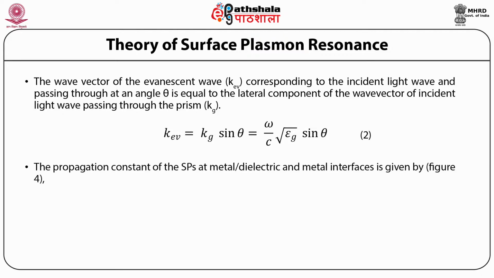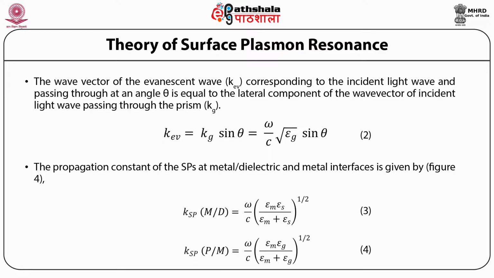The propagation constant of the surface plasmons at the metal-dielectric and prism-metal interfaces is given by KSP metal-dielectric equal to omega by c multiplied by root of epsilon s epsilon m by epsilon m plus epsilon s, and KSP prism-metal equal to omega by c root of epsilon m epsilon g by epsilon m plus epsilon g, where metal-dielectric and prism-metal represent the KSP along the metal-dielectric and prism-metal interfaces respectively.